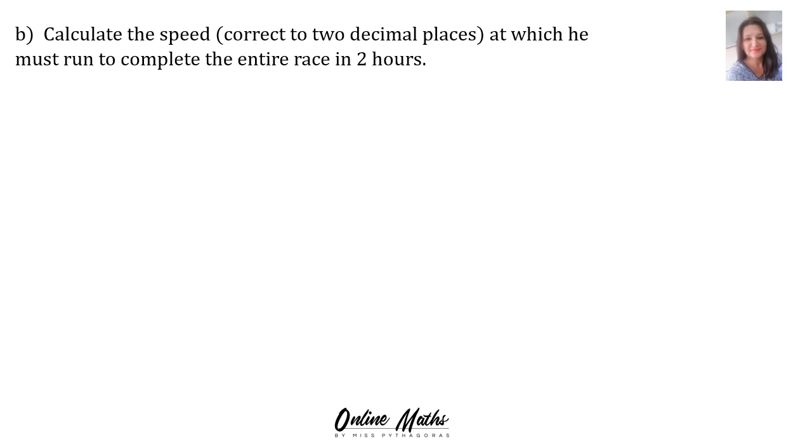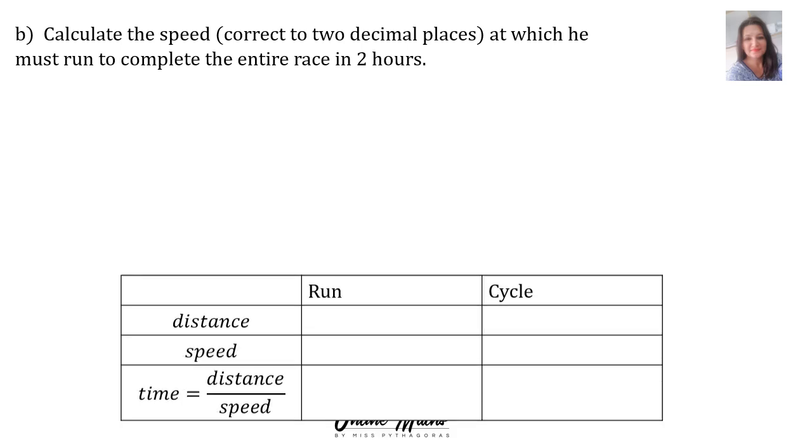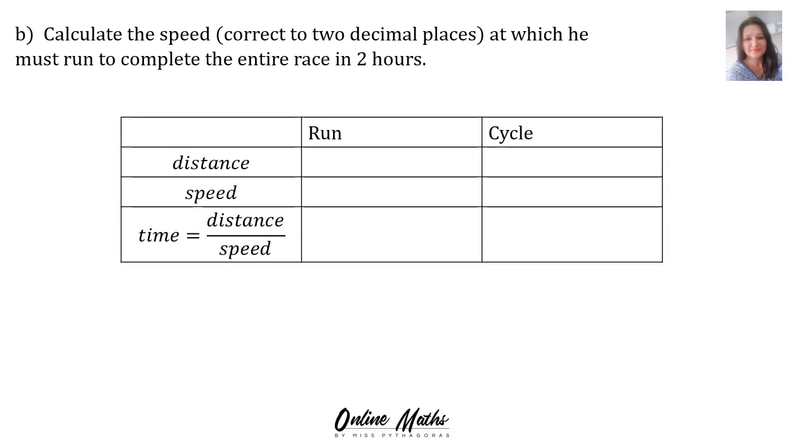B. Calculate the speed correct to 2 decimal places at which he must run to complete the entire race in 2 hours. Now again, let's make a table. On the left-hand side, there's distance, speed, and time, and then the other 2 columns for running and cycling. Now the distance for running was 10 kilometers, and the distance for cycling is 50 kilometers, so you fill that in.